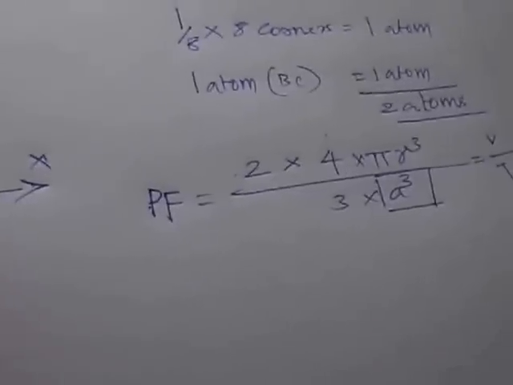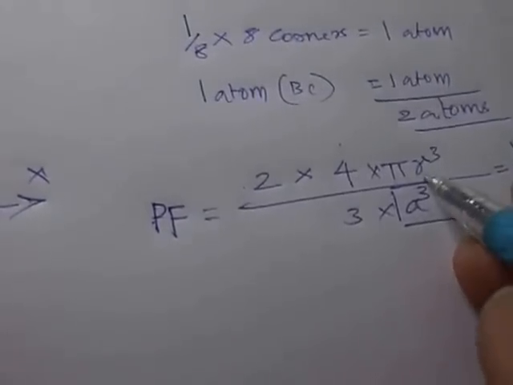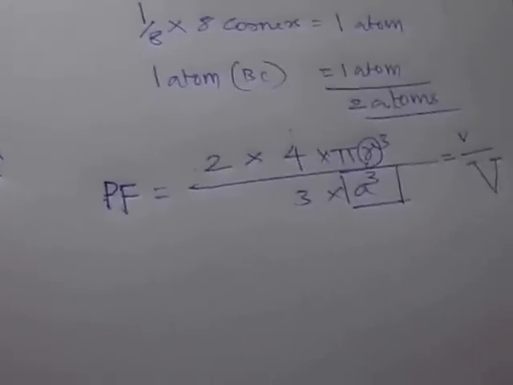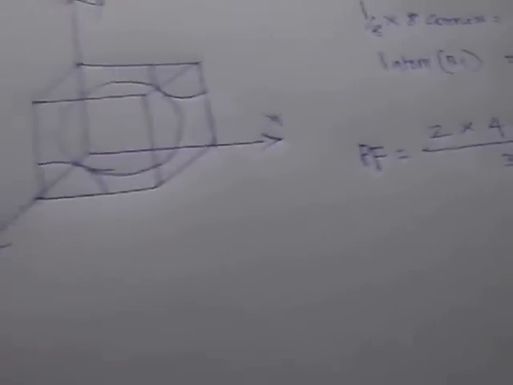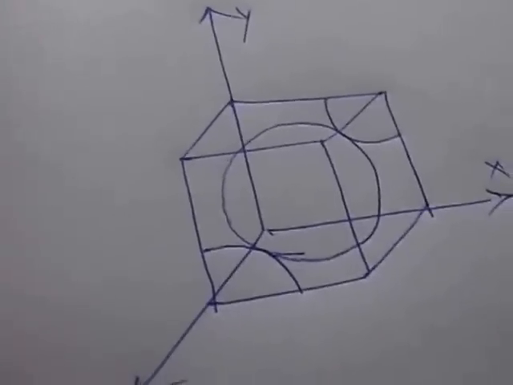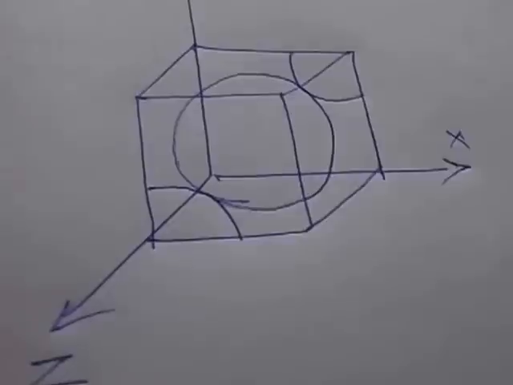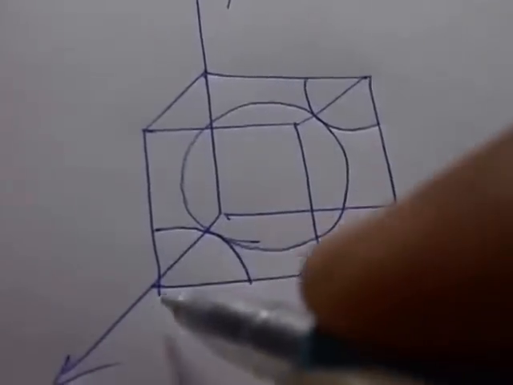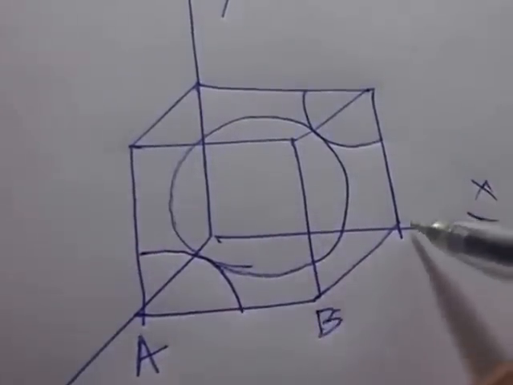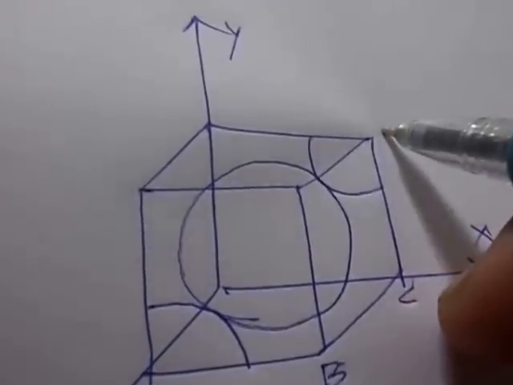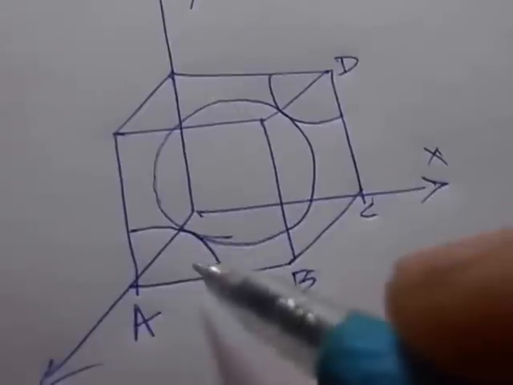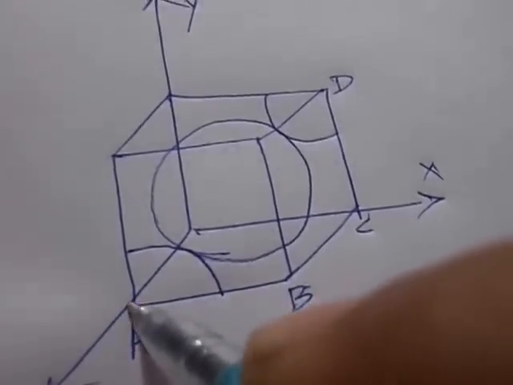Now in this equation we need to substitute for r, atomic radius, so that it may be simplified to get a numerical value for the packing fraction. Now coming to this figure, I mark these corners in this manner. Corner A, this is corner B, this is corner C, and this is D. Now in this floor or base, a diagonal AC is to be considered.